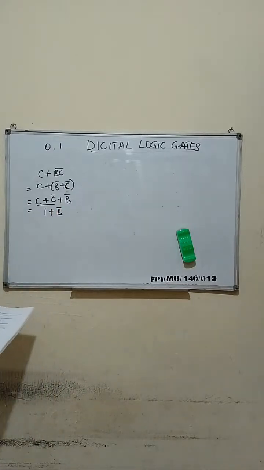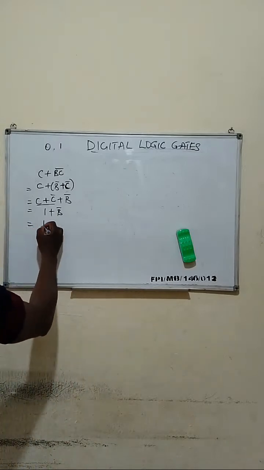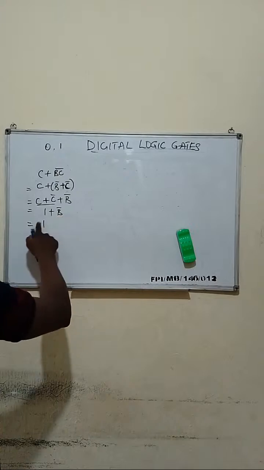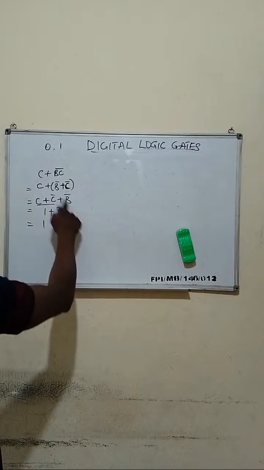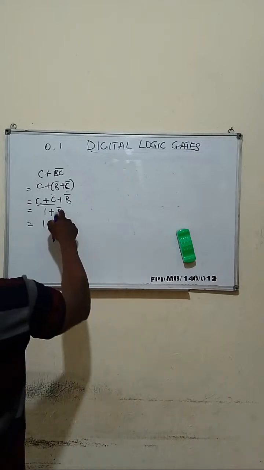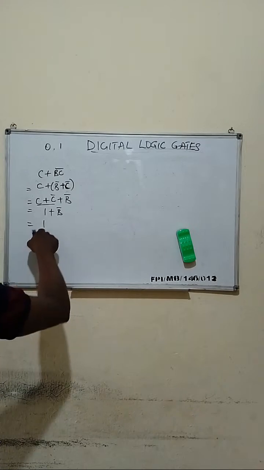Now, 1 plus B bar is always 1, because whatever B is, since you already have 1 here, if B is 0, B bar will be 1, so it will be 1 plus 1. And if B is 1, then B bar will be 0, then we have 1 plus 0. The answer is also 1.